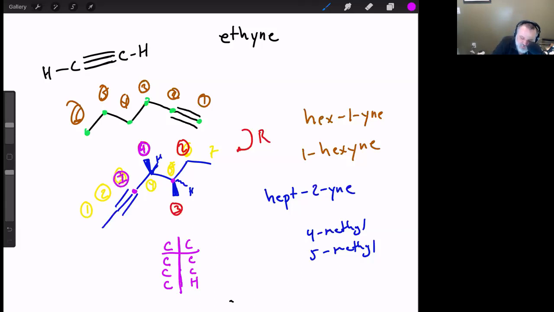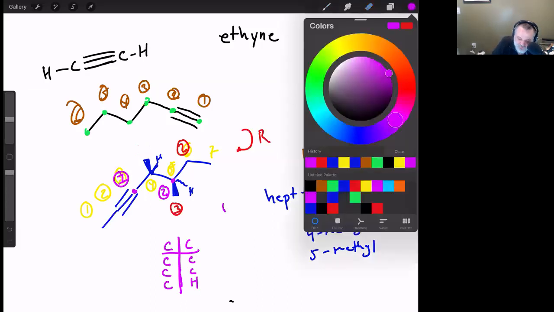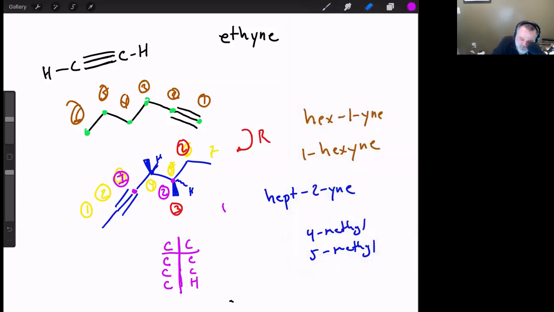So 1 is this direction and 2 is this direction. I'm sorry, let me back up just a second, because the group that is 4 is the hydrogen. It's pointing away from us. The methyl group is group number 3. I get 1, 2, 3. That looks like an S to me.